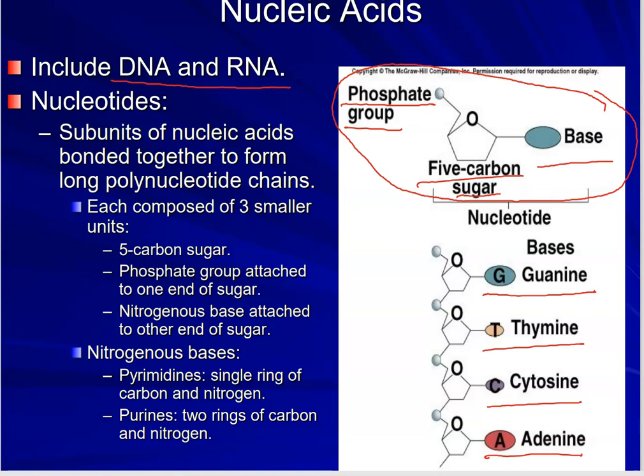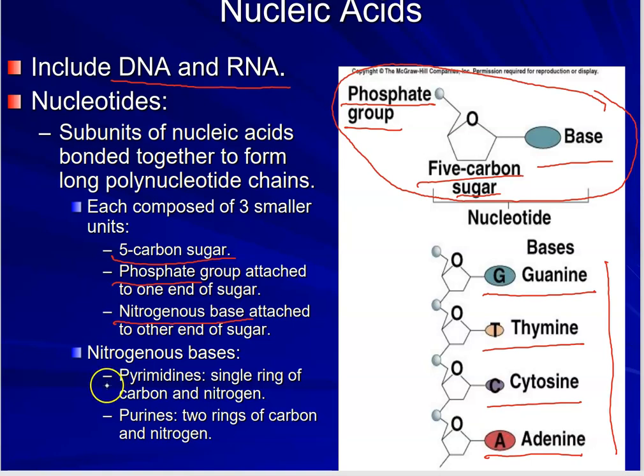So we have these nucleotides. They are always composed of a 5-carbon sugar, phosphate group, and a nitrogenous base. Any of these 4 different nitrogenous bases. The nitrogenous bases, there are 2 out of 4 that are a little bit larger, and the other 2 are a little bit smaller.